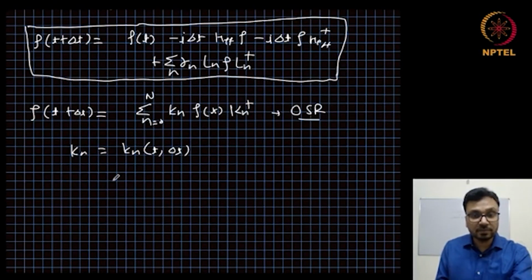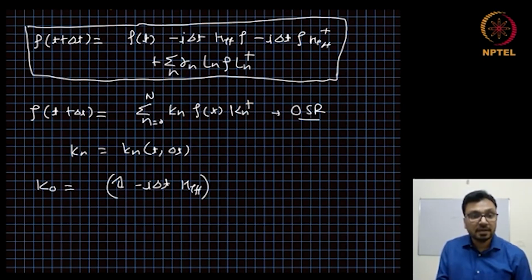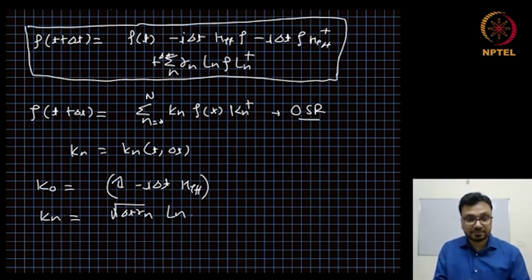So this is a completely positive map, and we can see one step of evolution, one discrete time evolution delta t from t to t plus delta t in terms of these Kn, where K0 is identity minus i delta t times H effective, and Kn is square root of delta t gamma n times Ln.